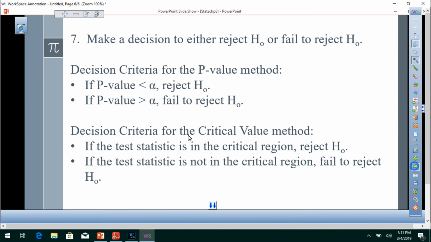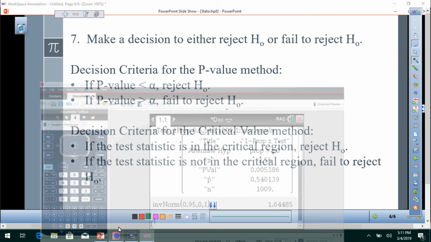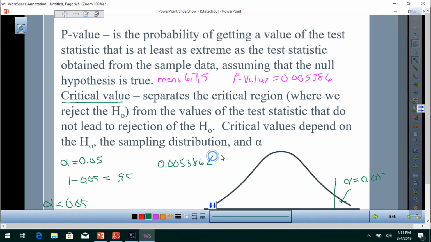The decision criterion for p: if the p-value is less than alpha, reject the null hypothesis. 0.005386 is less than 0.05.